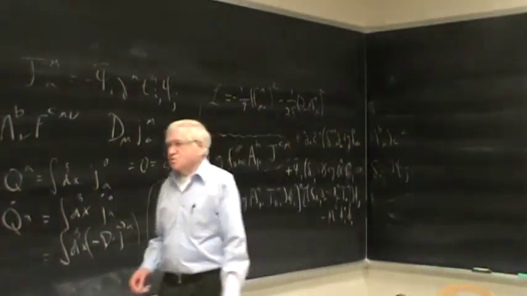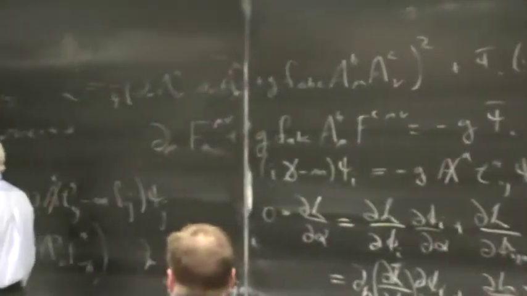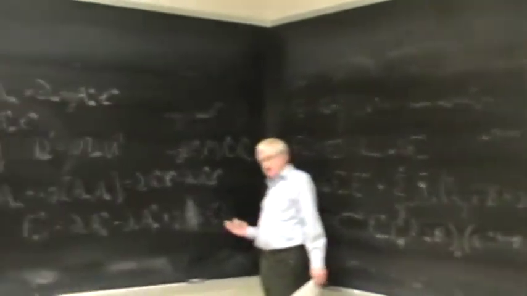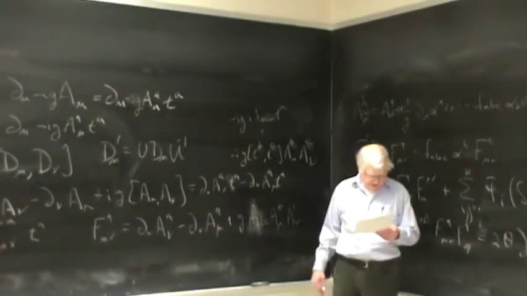Now, let's swing this thing around for a moment, just so I don't have to write it again. The F A mu nu is this. This is the covariant field strength.